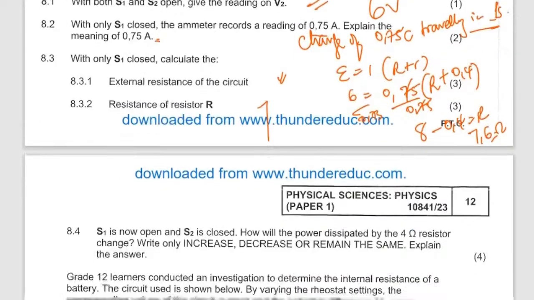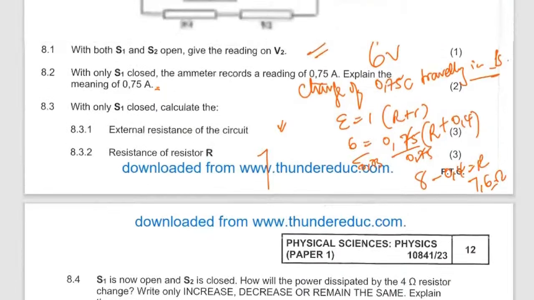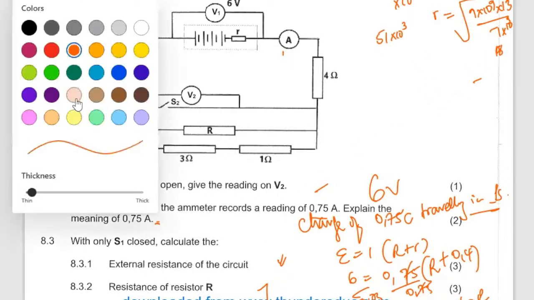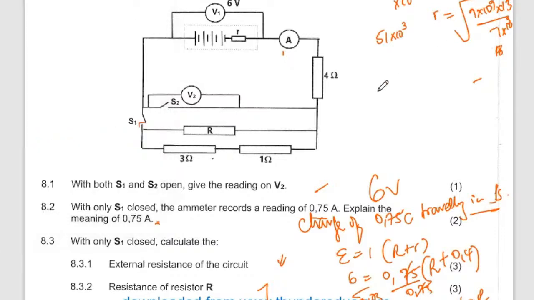Then they want us to get the value of R. Now remember, with capital R, S1 is still closed. With this capital R, it's more like a parallel combination. So I'm going to combine the 3 and the 1 to give me 4, so that I have R and then a 4. These combined together must give us the 7.6 ohms. Since it's parallel, I can use product over sum.